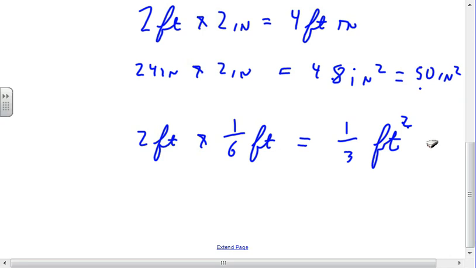Okay, looking at the problems in section 1-5, we're looking at number 6.